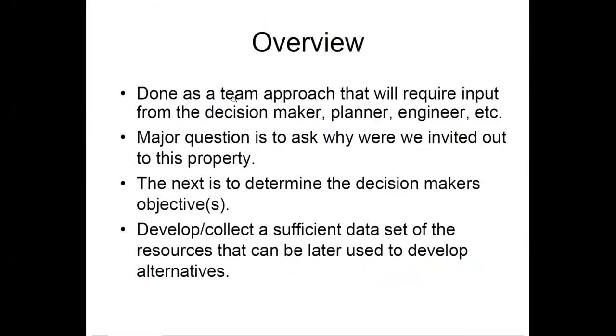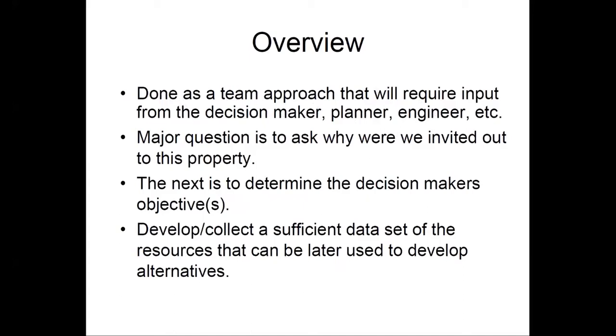So an overview of doing your total resource inventory and evaluation is you need to start thinking about doing it as a team, especially for ag waste. So your team involves the decision maker, your planners, your engineers, and you may have state agencies involved, districts.